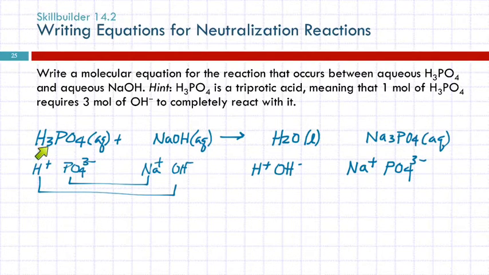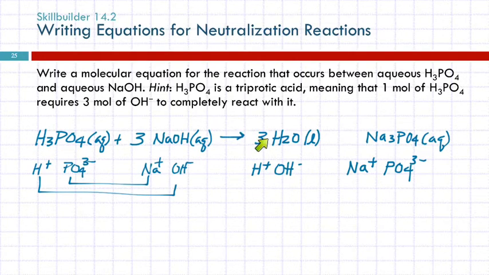So here we've got 3 H's. That's a big clue that we're going to end up with 3 water molecules. We're going to need 3 water molecules. Sodium, there's 3 sodiums, so we're going to need 3 sodium hydroxides. There's 1 phosphate over here, and we've got 1 phosphate over here.